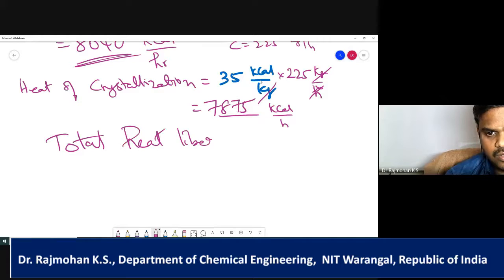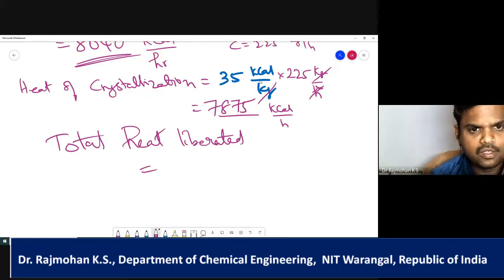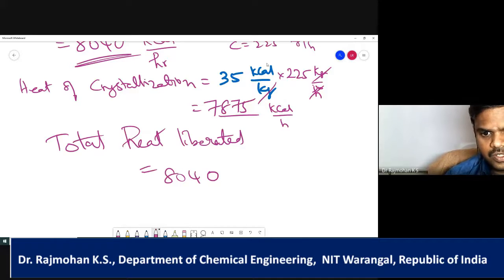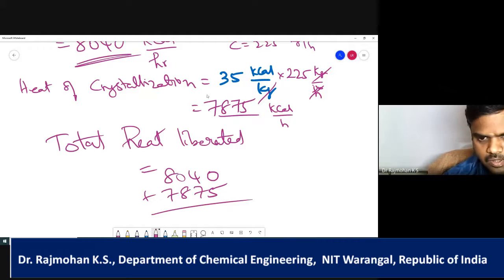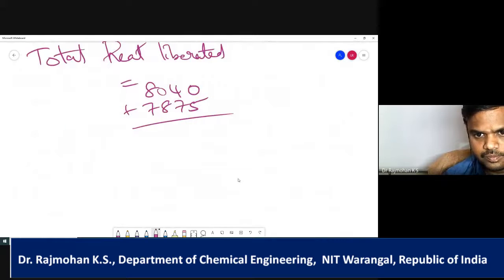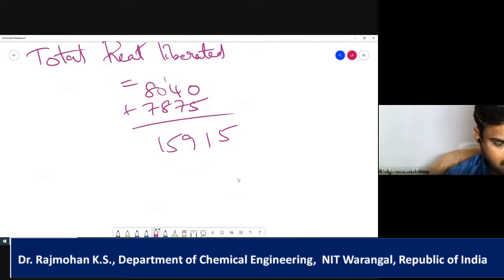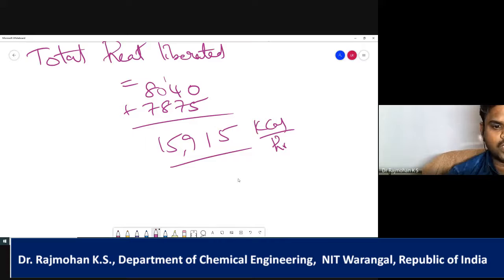Total heat liberated is equal to the heat of cooling, which is calculated to be 8040, and the heat of crystallization, which is 7875. So the total is equal to 15,915. Okay, so this much kilocalories per hour. This is your total heat liberated.